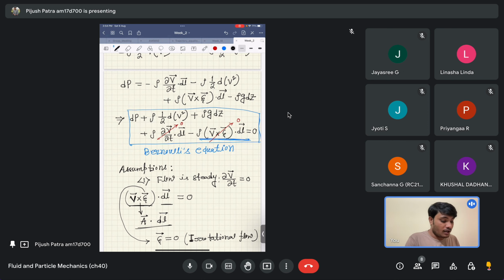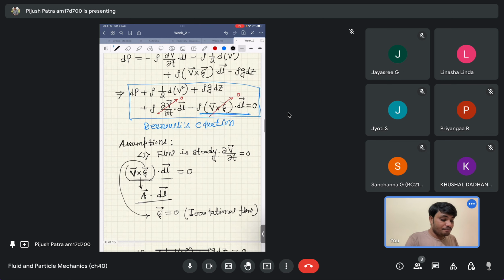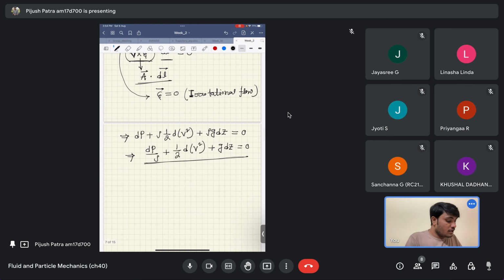That is a very important point, because this V vector should be parallel to the dl vector. Then only this complicated term, the velocity crossed with vorticity dot dl, will be 0 when dl is along a streamline. So this equation is valid along a streamline.